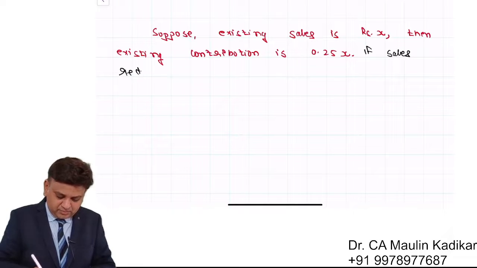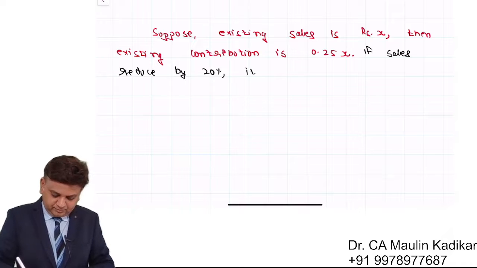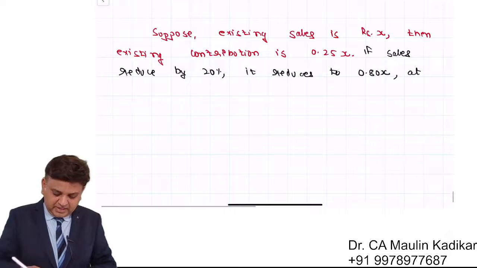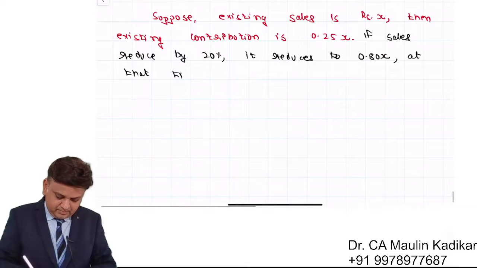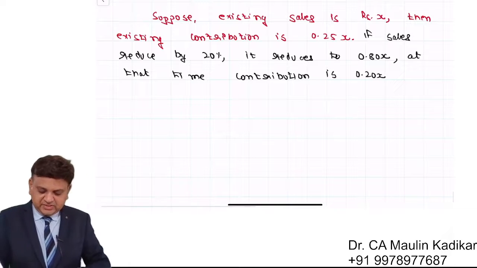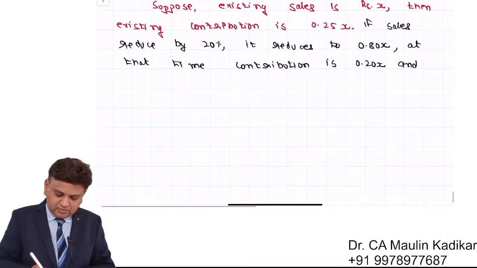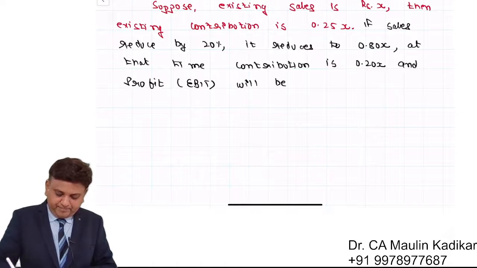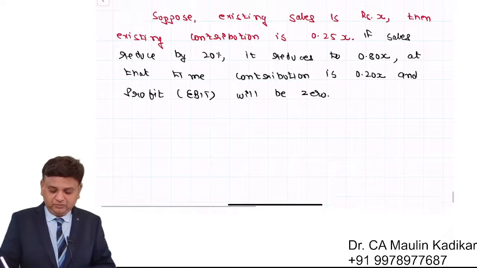If sales reduce by 20%, it reduces to 0.8x, and at that time contribution is 0.2x, and profit, in bracket write down EBIT, will be 0.